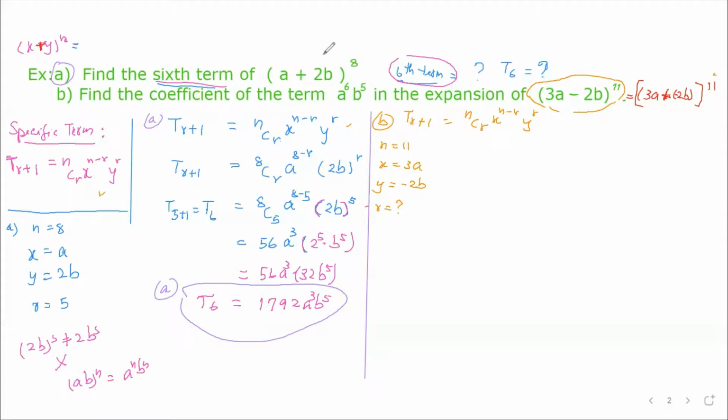Then we replace in the formula first, like in the example of question A. We write down Tr, unknown. Substitute all the information we have. n is 11, 11Cr with r unknown, x is 3a, so we have 3a power 11 minus r, y is negative 2b power r, and r is unknown.